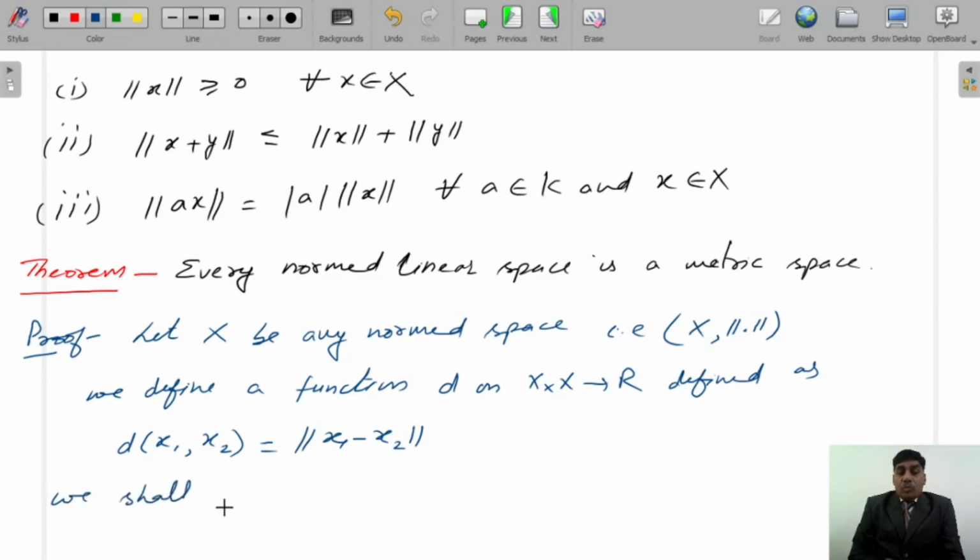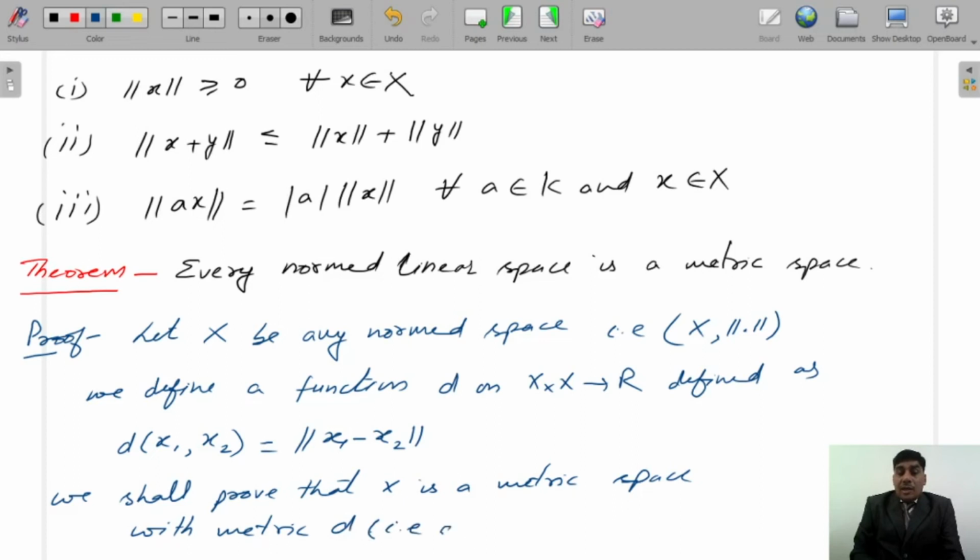We shall prove that X is a metric space with metric d. That is, d satisfies all the properties of metric.